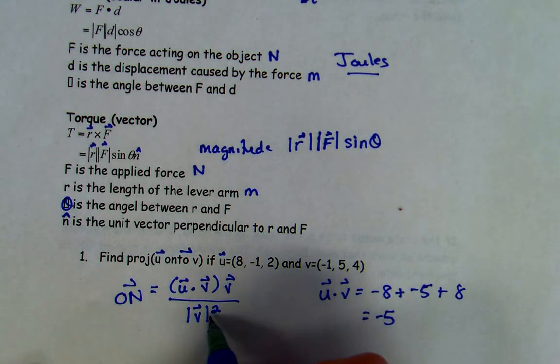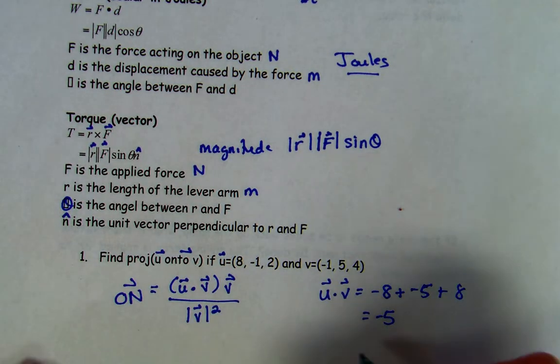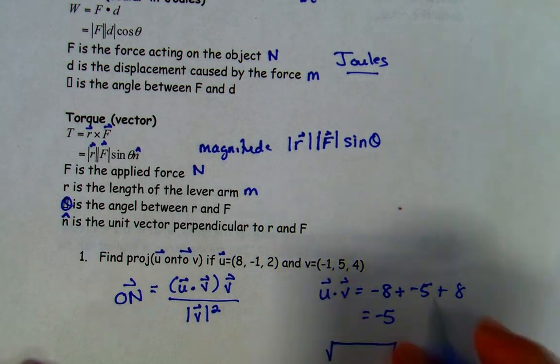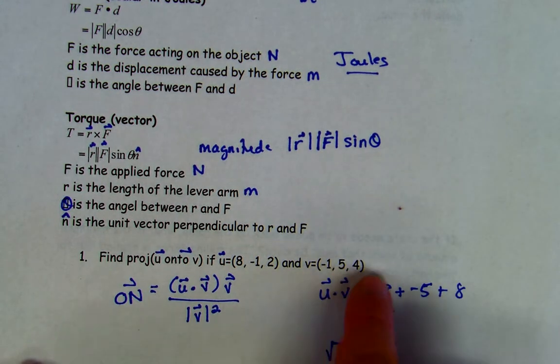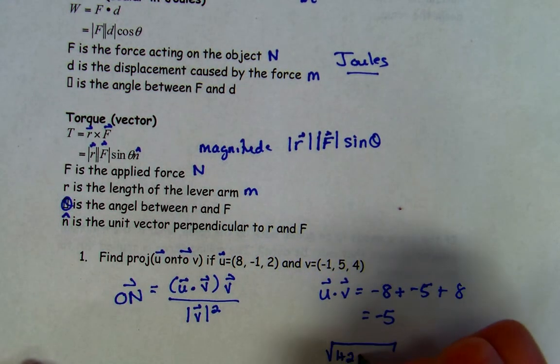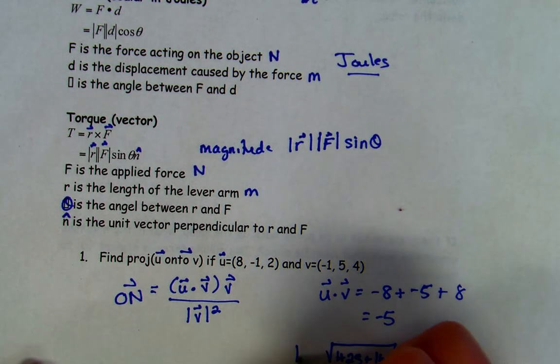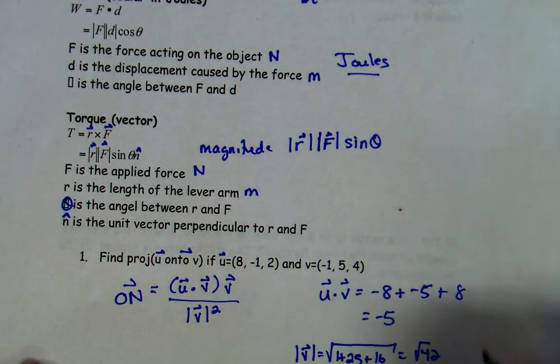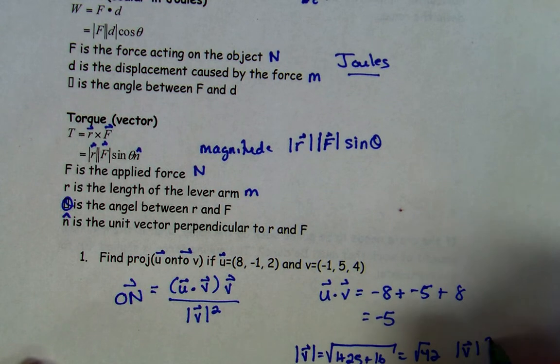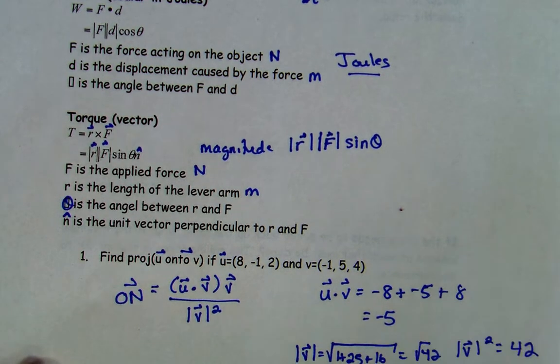Now I'm going to find the magnitude of v squared. Well, the magnitude of v is going to be the root of 1 plus 25 plus 16, which is root 42, but that's the magnitude of v. So when I square it, it just becomes 42.